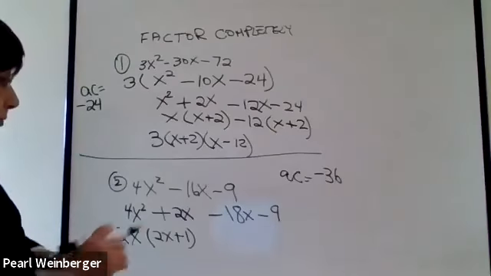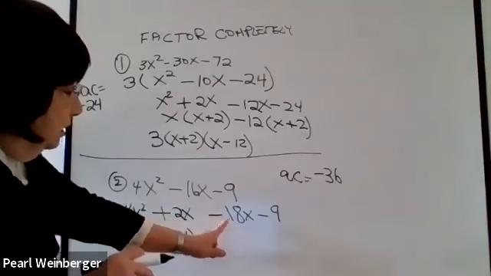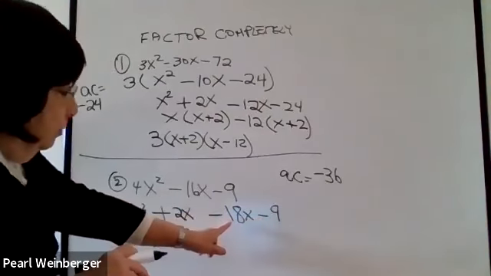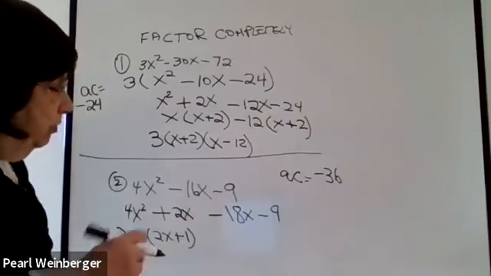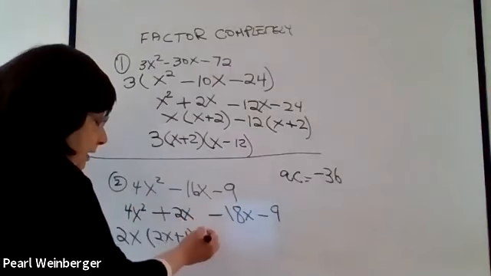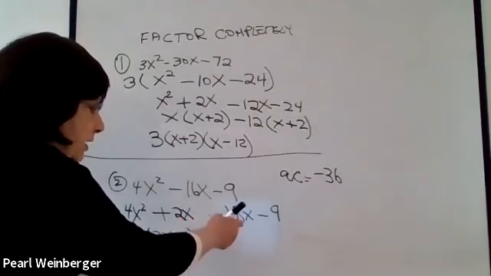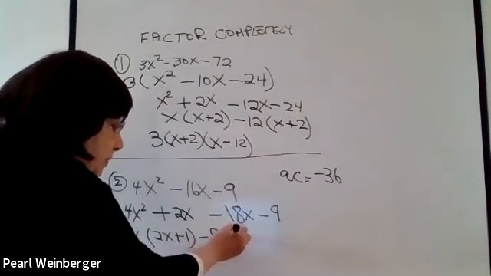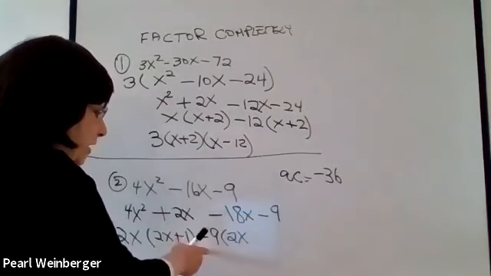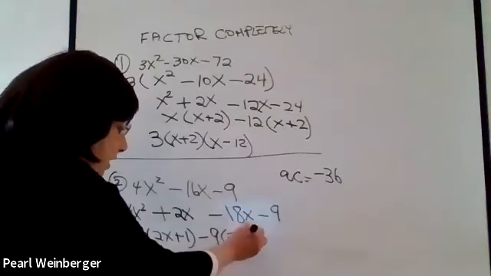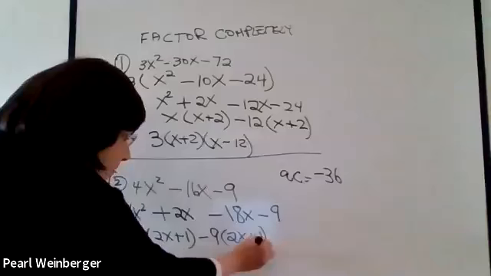It's a 1. Then I go to the negative 18x minus 9. Well, obviously 9 goes into both of them. And since it starts with a negative, it's going to be a negative 9. Negative 9 into negative 18x is positive 2x. Negative 9 divided into negative 9 is plus 1.